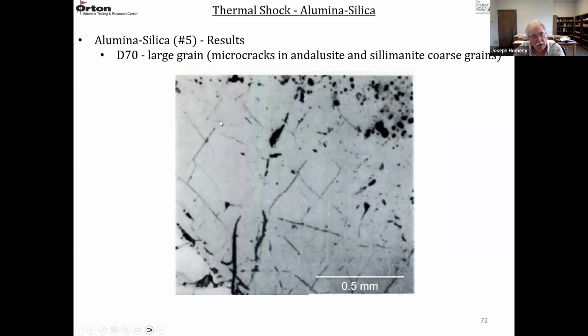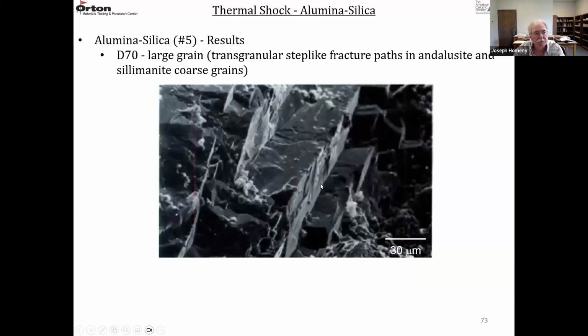So you can see the microcracks in the coarser grains, substantial microcracking. And when the fracture took place through the coarser grains, this transgranular fracture, it was a step-like fracture pattern. So this is a higher magnification of a fracture through a coarse grain.